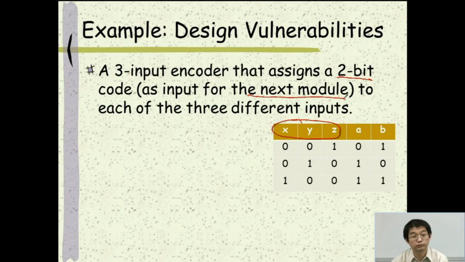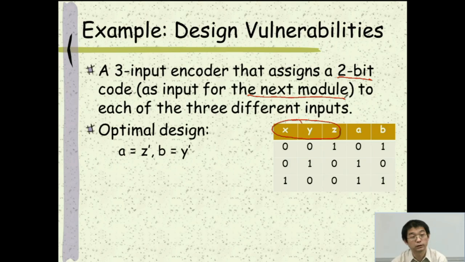If you remember from the review slides, the optimal design looks like this. A is the complement of Z, and B is the complement of Y. So we know this is the best design. However, there might be a couple of security problems with this design.